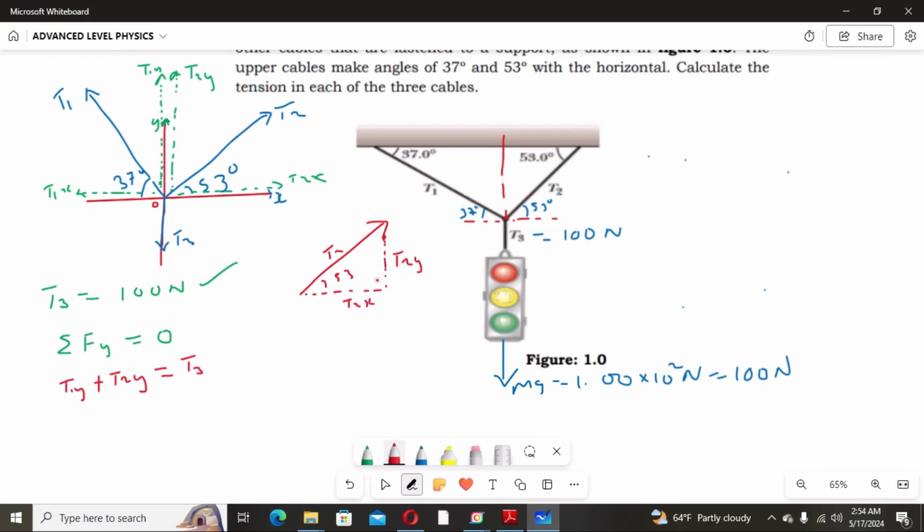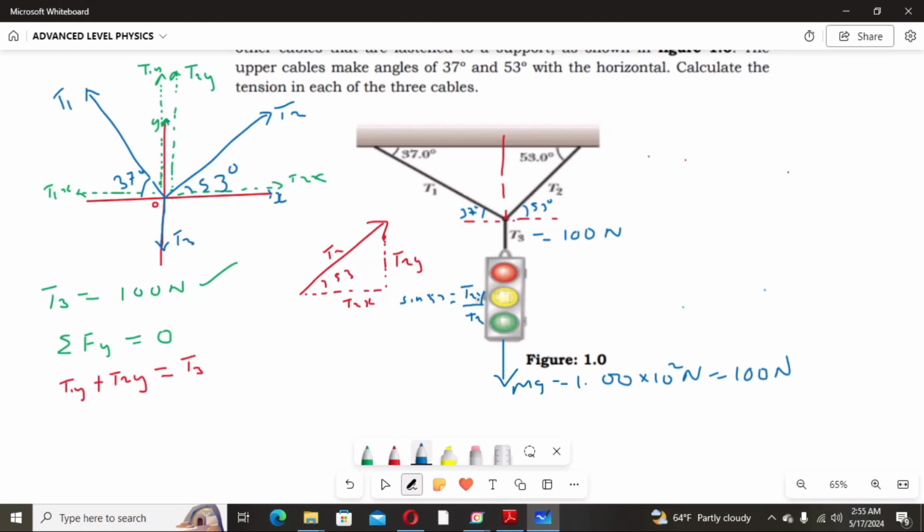Looking at that triangle there, we can use the sine ratio. Here using the sine ratio, we have that sine 53 is equal to T2y over T2, the opposite over the hypotenuse.